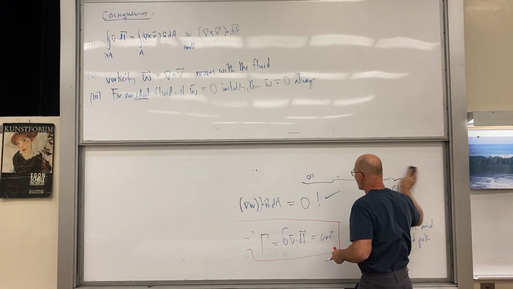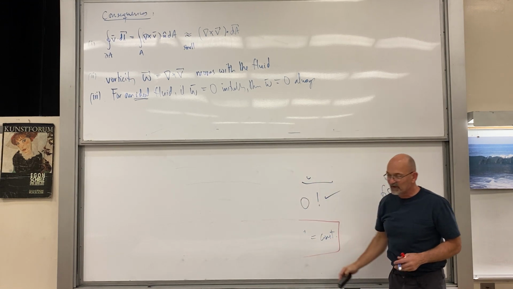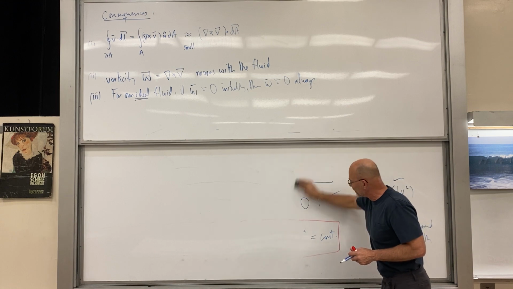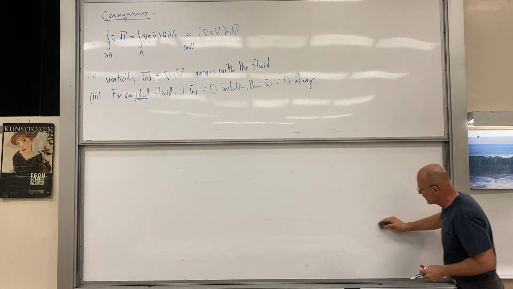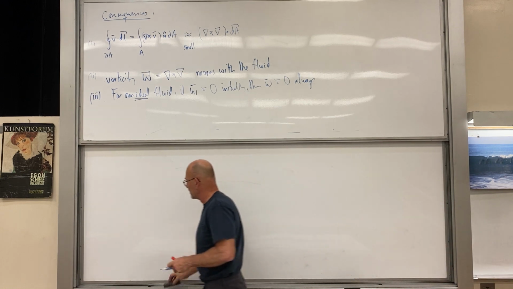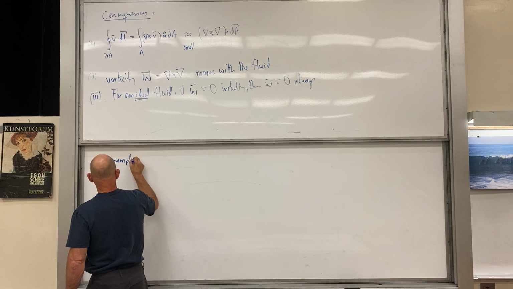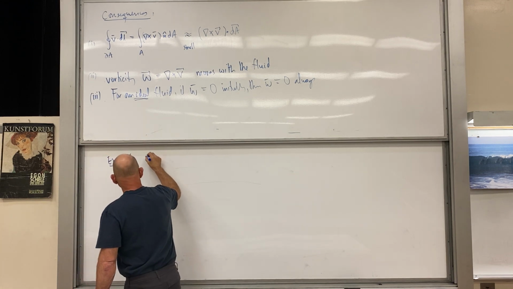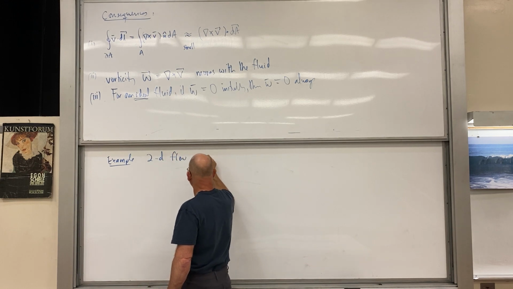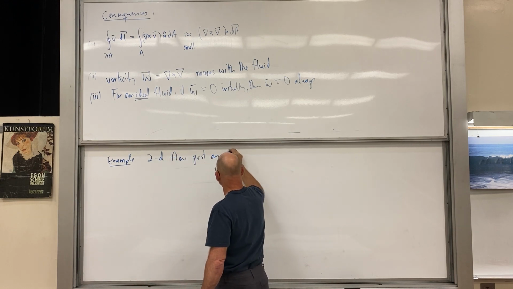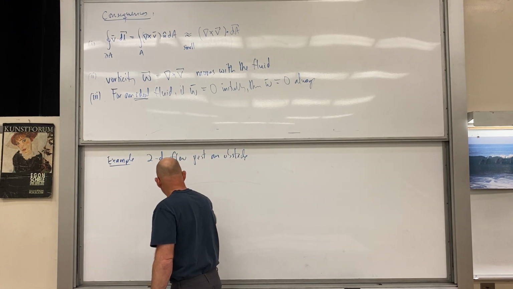So the example where everything kind of plays out is just if you have the flow past an obstacle. Example, we could even call it a two-dimensional flow past an obstacle. And in this case, here's our obstacle. Okay.